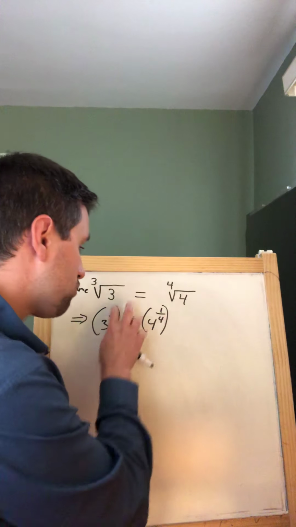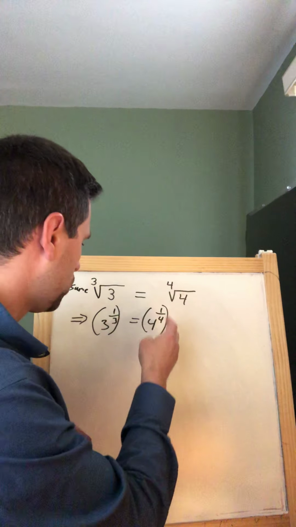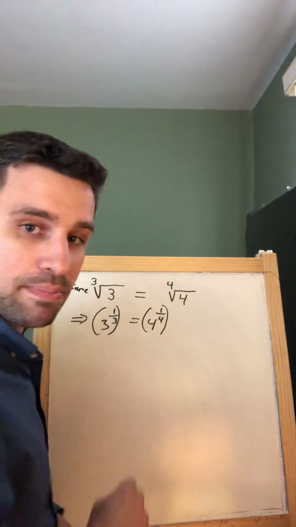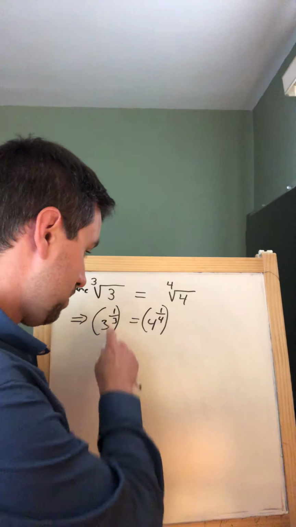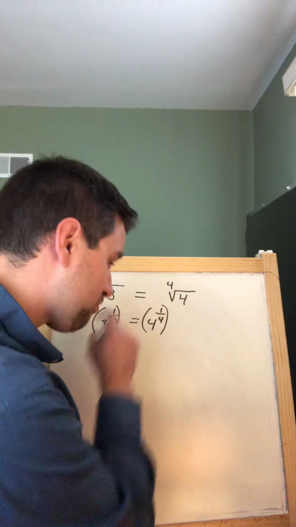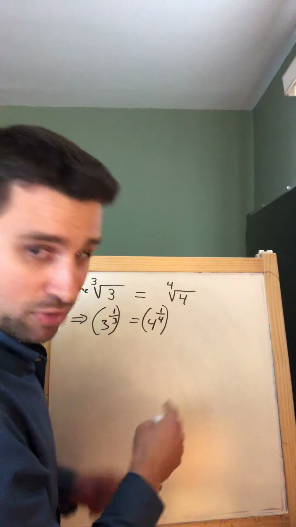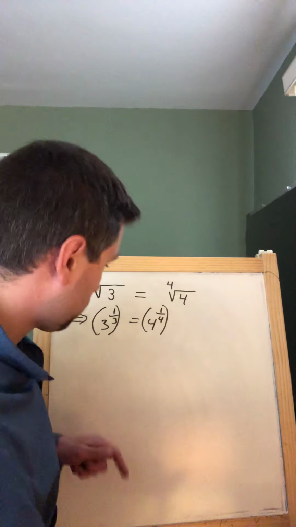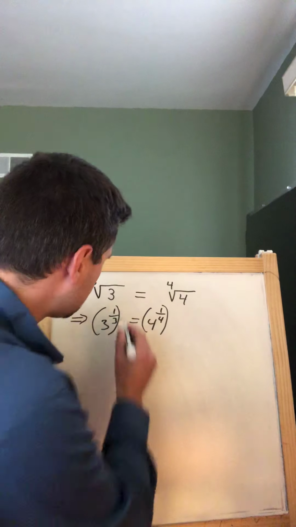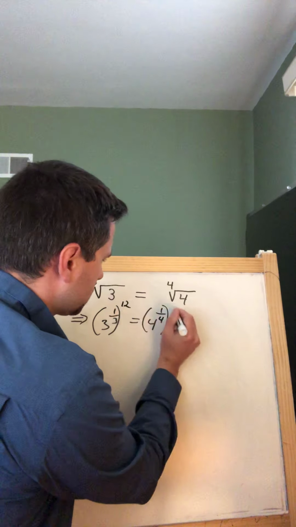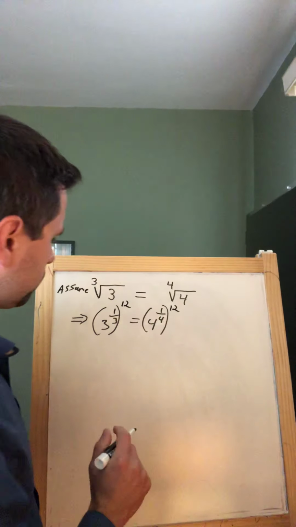What number can I raise both sides to that's going to eliminate my fractions? Well, I have a 1/3 and a 1/4. The least common multiple of 3 and 4 is 12. So what happens if I raise both sides to the 12th power?